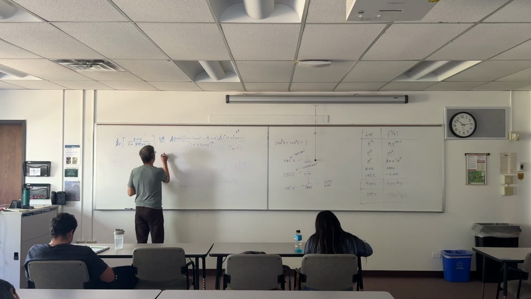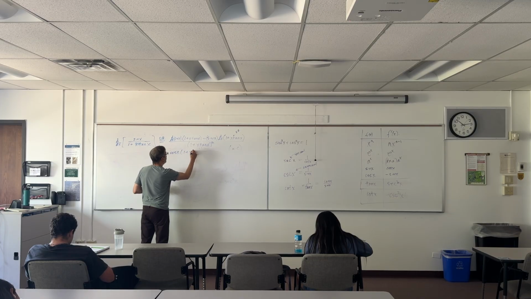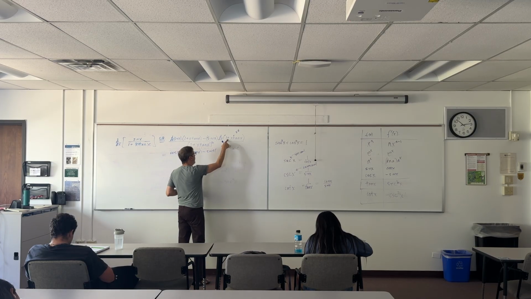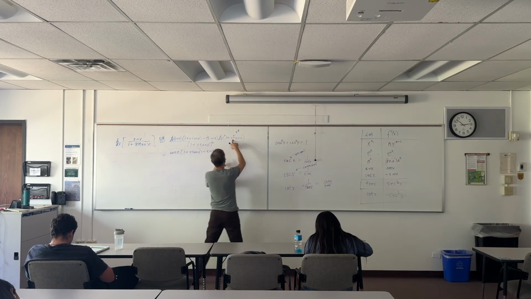So let me just knock this out. This is cosine of x, 1 plus x tan x, minus sine of x. The derivative of 1 is 0. For the derivative of this guy, I'm going to use the product rule.